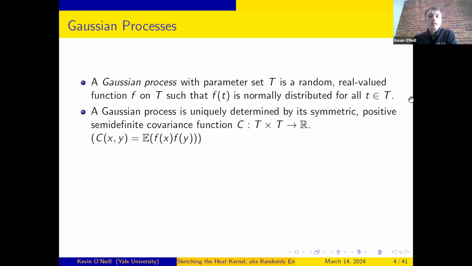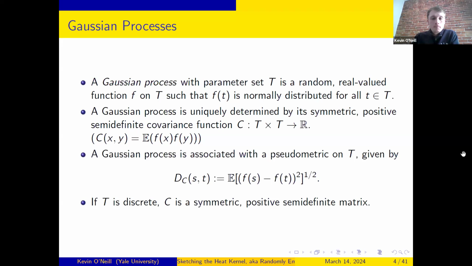So if you have a Gaussian process or any multivariate Gaussian, it's uniquely determined by its covariance function. This is going to be a symmetric positive semi-definite function, which we compute with this formula. All right, so if you have a Gaussian process, it also gives you a pseudometric, okay?